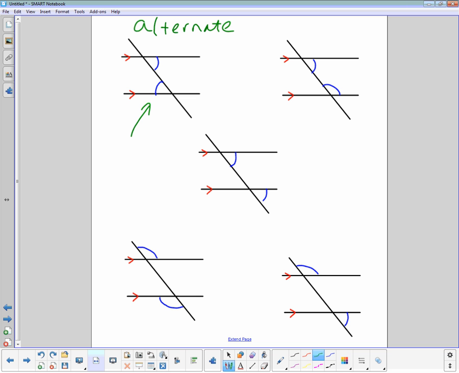And take a look down here. Those are alternate also. One's going on one side, one's going on the other side, right? But the one up top is different than the one down below. What's the difference between the two? In fact, that's exactly how we're going to write it. These are interior angles.